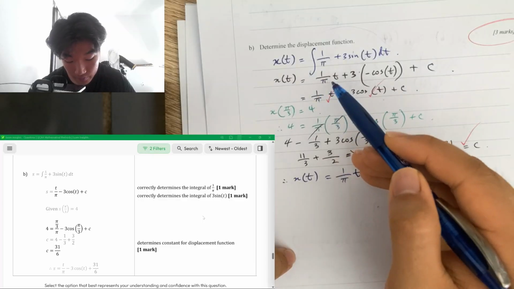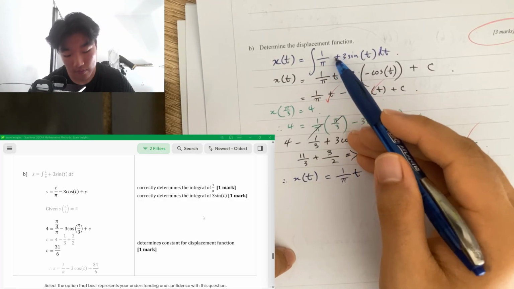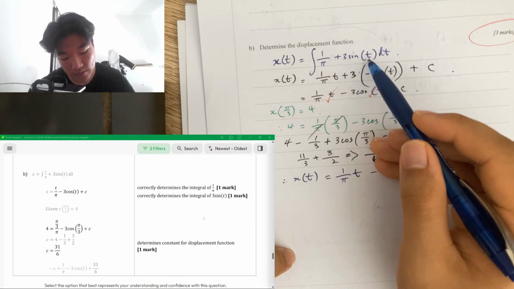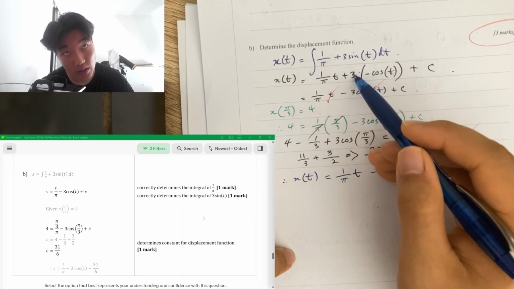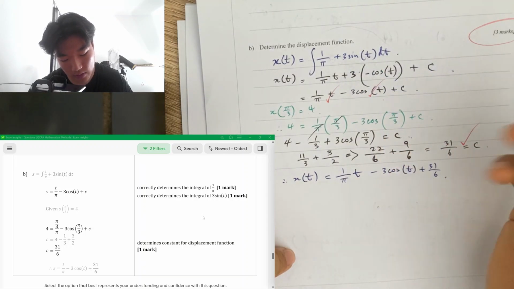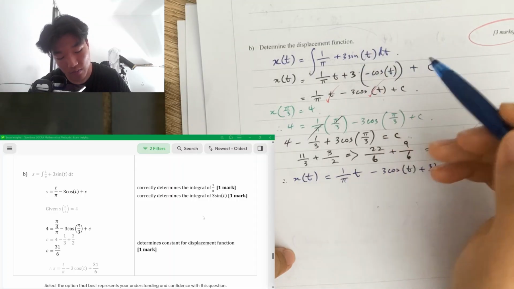Okay. Here, the constant is multiplied by t. It gains a t. When we're integrating sine of t, again, we leave 3 at the front. When we're integrating, we get negative cos. To double check that, when we derive this, we should get sine back.